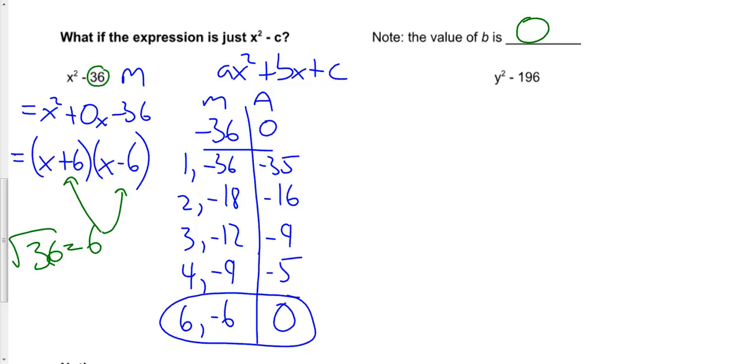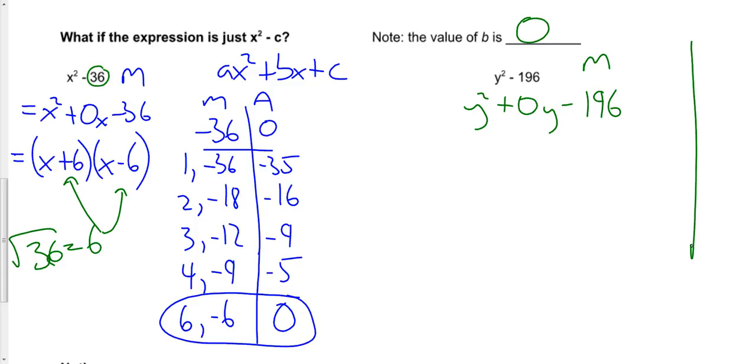So in this instance, we can rewrite this equation as y squared plus 0y minus 196. Now I could go through and figure out my MA chart. I need two numbers that are going to multiply to negative 196, and they also have to add to 0.